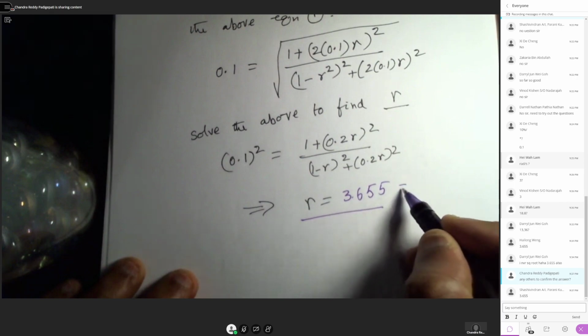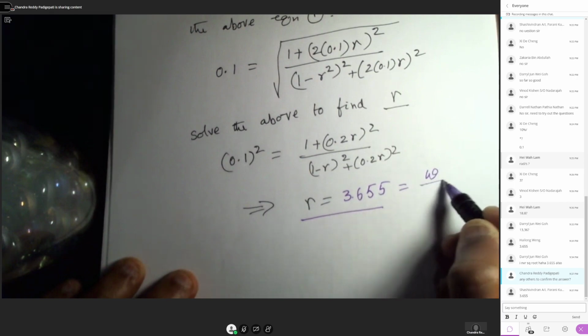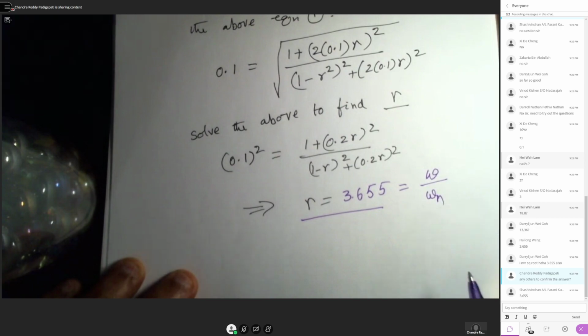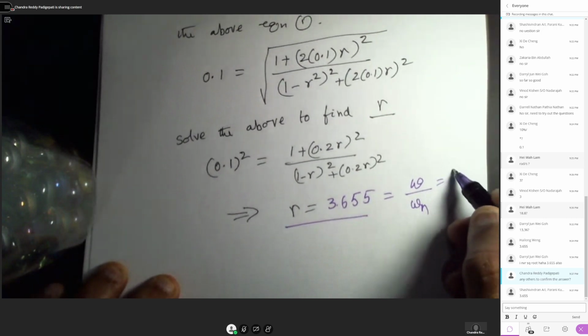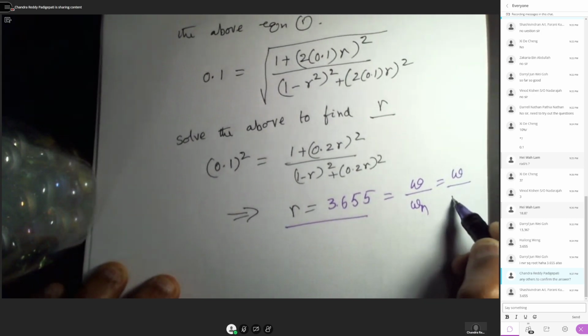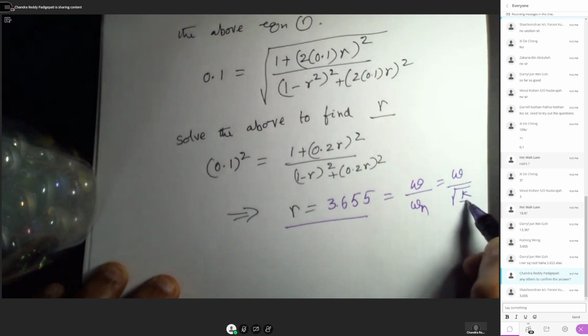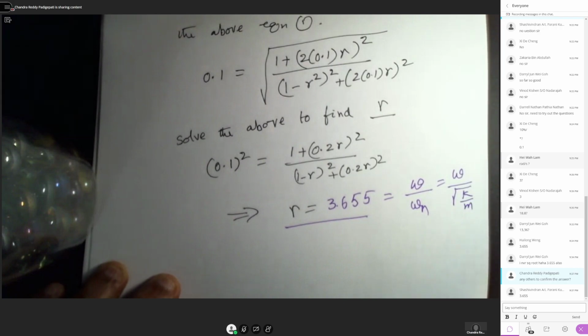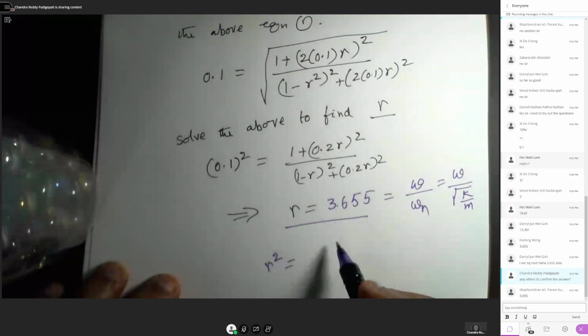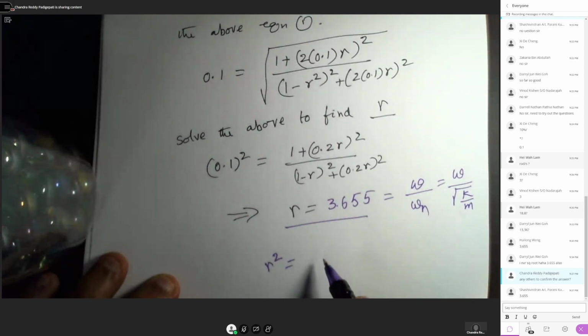So we know r is nothing but omega over omega n. So this is omega over square root of k by m. So that means you can say that r square is equal to omega square over k by m.